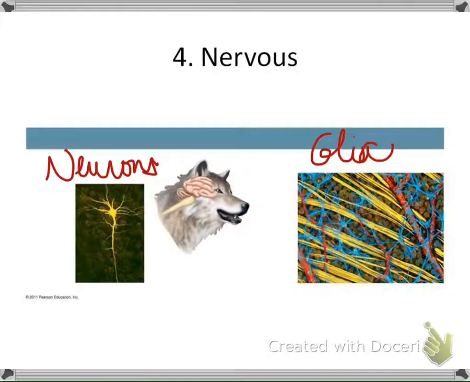Your neurons are your basic unit of the nervous system. They receive impulses from other neurons via these dendrites, and that's surrounding a cell body.